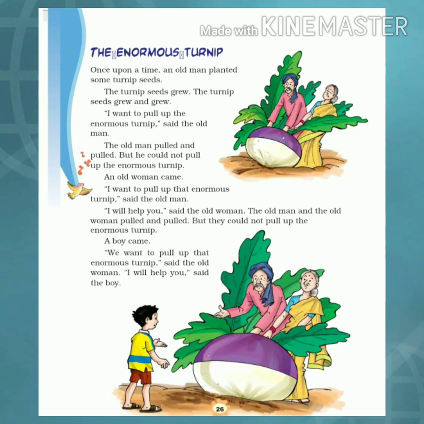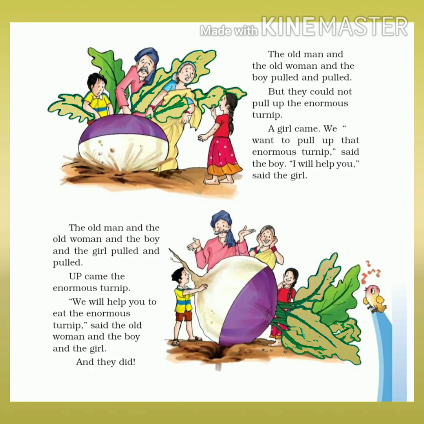A boy came. We want to pull up that enormous turnip, said the old woman. I will help you, said the boy. The old man and the old woman and the boy pulled and pulled, but they could not pull up the enormous turnip.